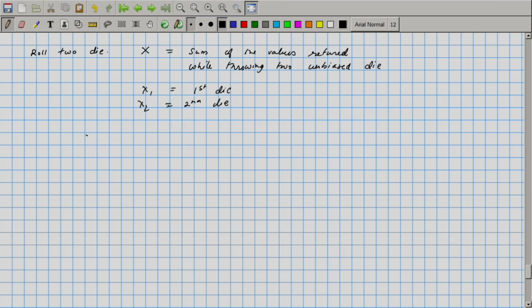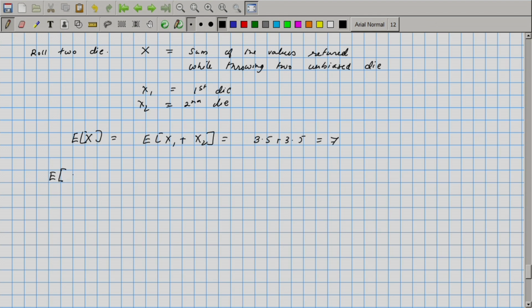The random variable X, its expectation is clearly going to be expectation of X1 plus expectation of X2. Linearity says that this is going to be 3.5 plus 3.5, that is going to be 7.